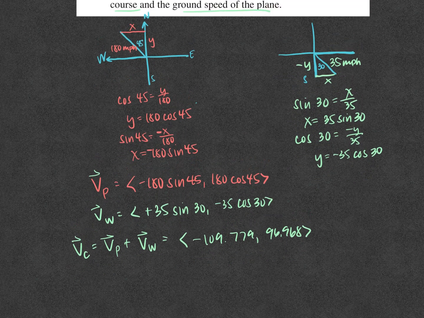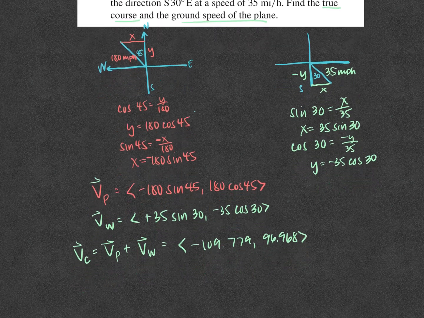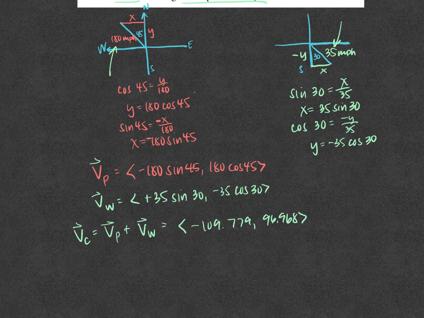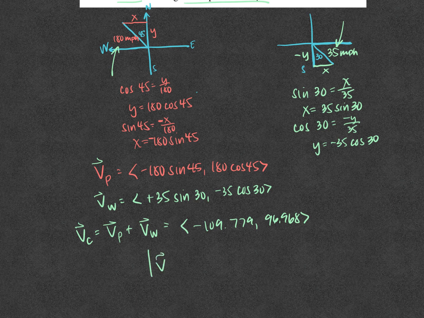So when we're looking for the ground speed of the plane, if you go back up here, the speed was the length of the vector. So if I find the length of this combined vector, that's going to give me the speed of the plane.